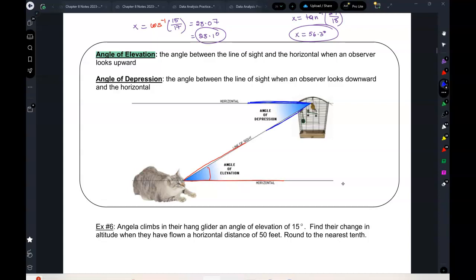That is called angle of depression. And if you remember from geometry, how do those two angles relate? Huh? They're not supplements. They're equal, they're congruent. Why? What are they? They're alternate interior angles. Way to go, Eden. Alternate interior angles. Slay. Way to go.